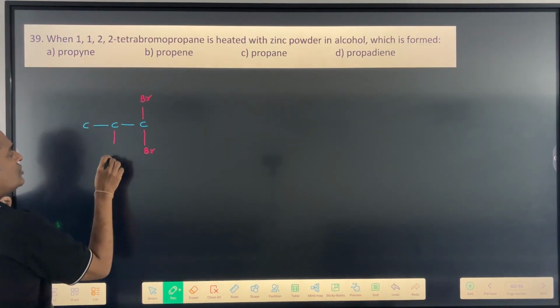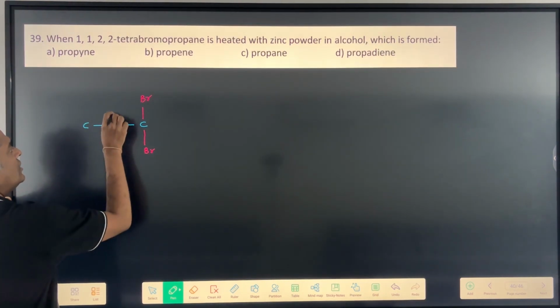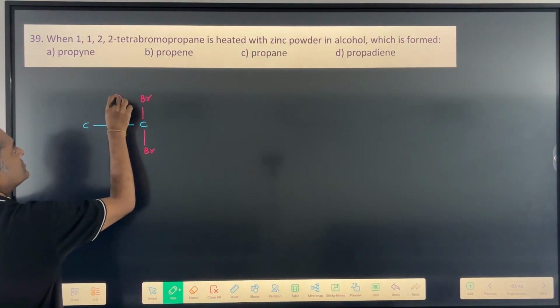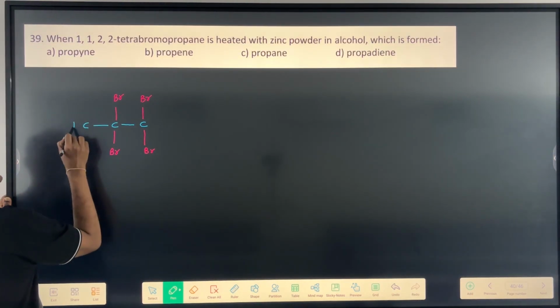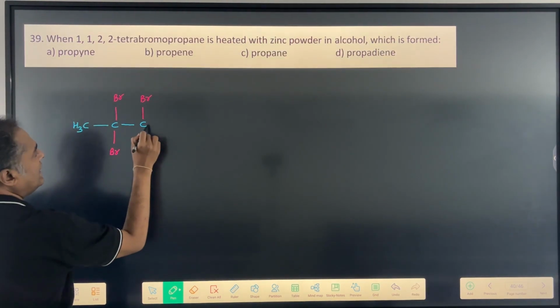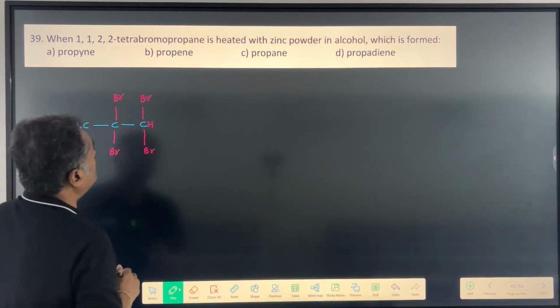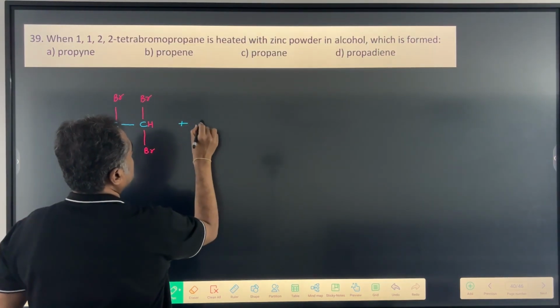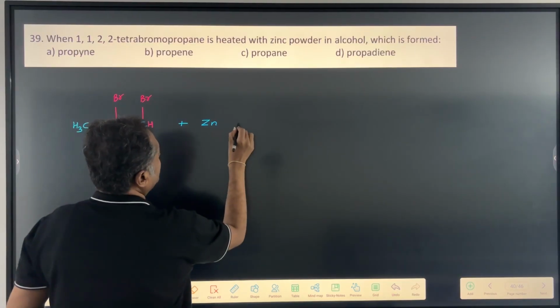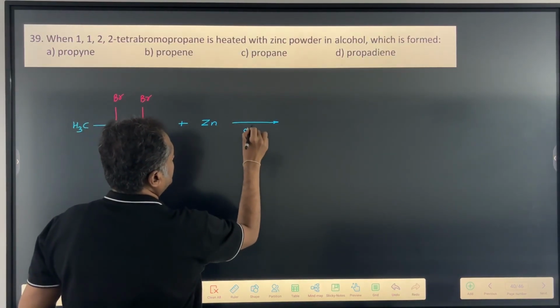On the second position also I have a Br, and over here also a Br. And I will put the required number of hydrogens as CH3 and CH. Now, what they have told, treat this with zinc, yes, in alcoholic condition.